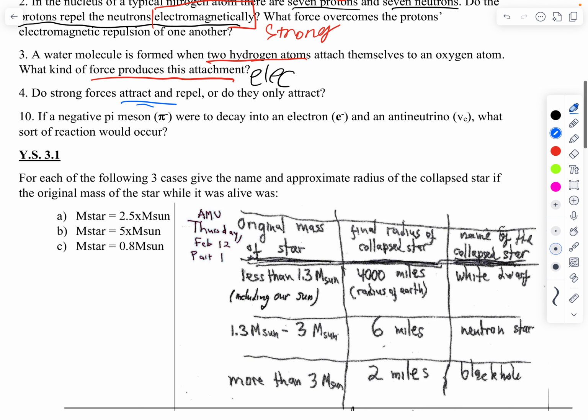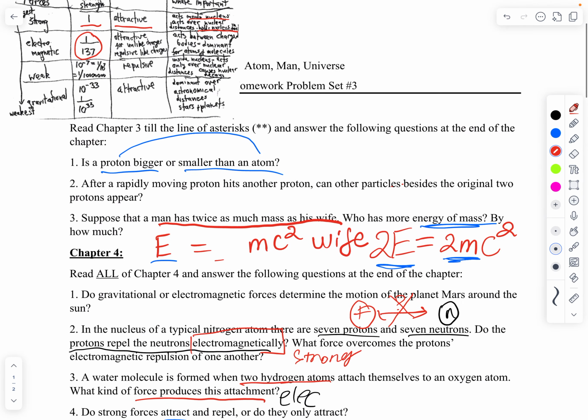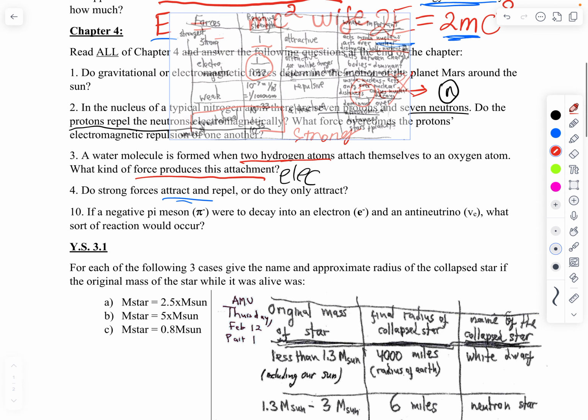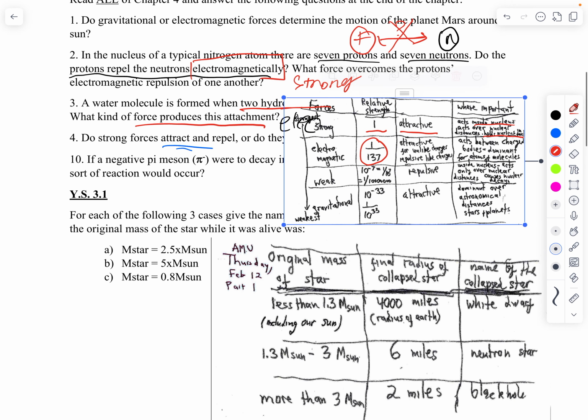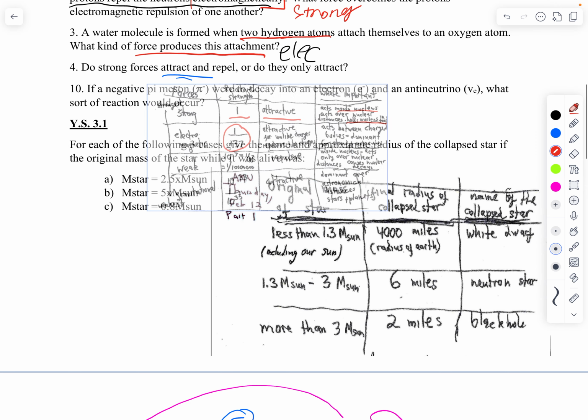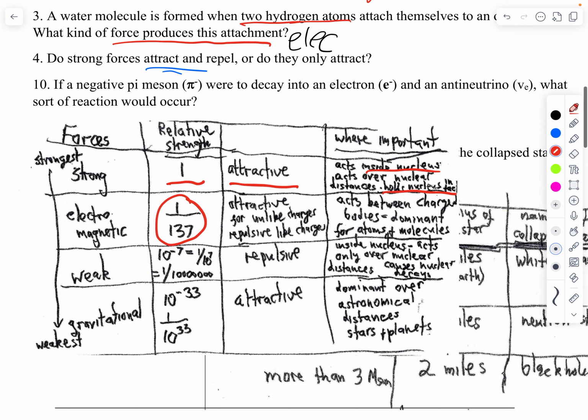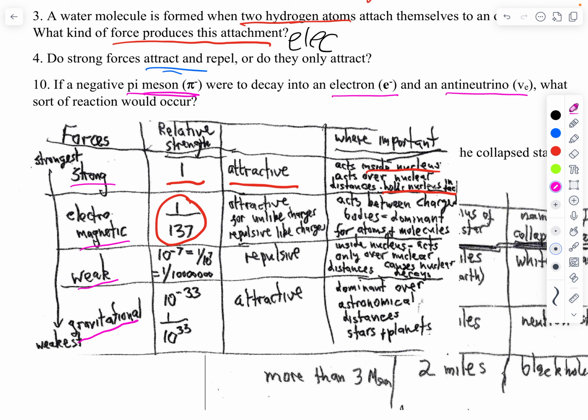Hey, question 10. If we recall our force table, I'll bring it down here so it's easier to look at. If we look over all the forces we have, gravitational force, then weak force, electromagnetic force, and strong force, which one works with the meson, the pi meson, the electron, the neutrino?